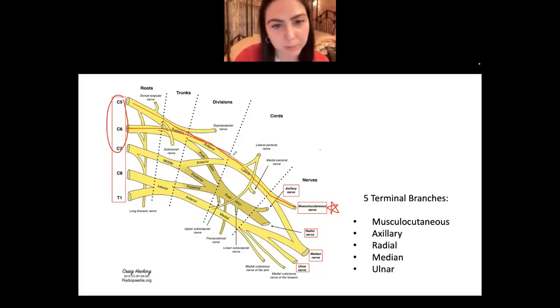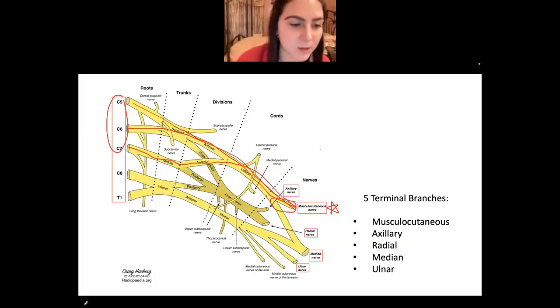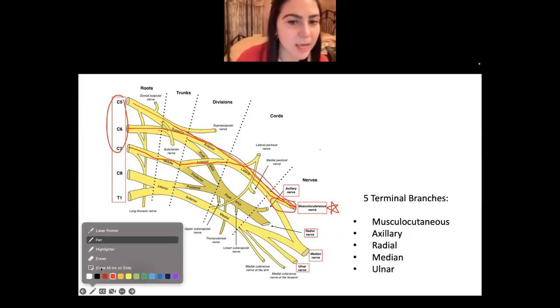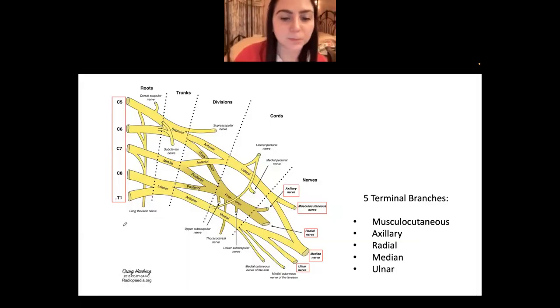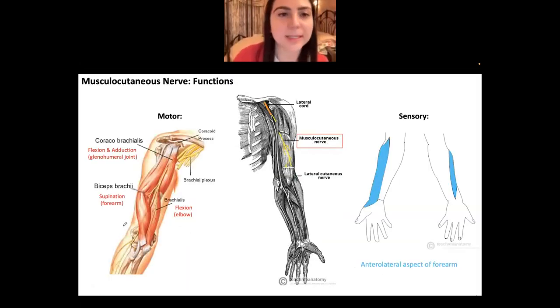C6 goes here, goes here. It splits, so it counts. C7, same thing. It comes up here, and then it goes like that. So C5, C6, and C7 all give rise to the musculocutaneous nerve. That's what I mean by the levels of the musculocutaneous nerve, and you should know those for every single terminal branch. All right, so that's that one.